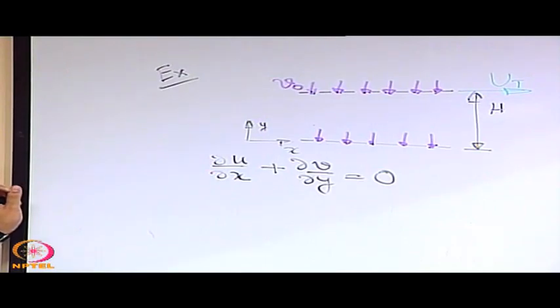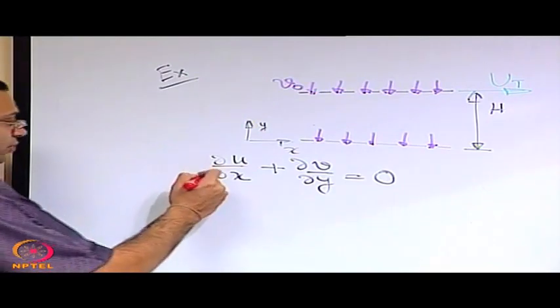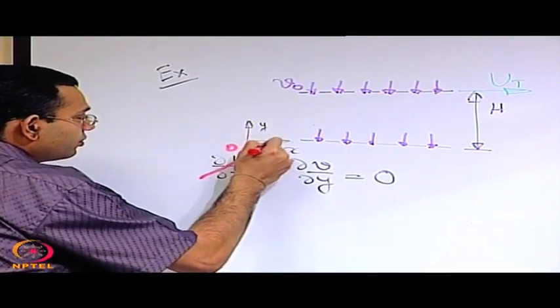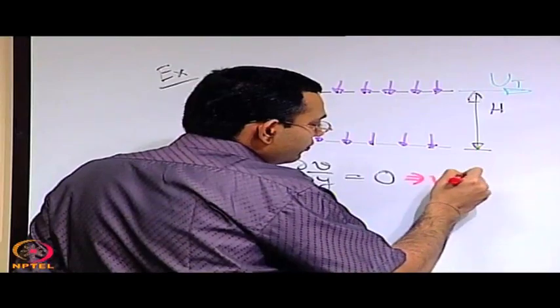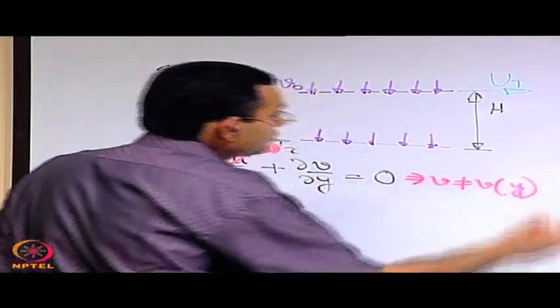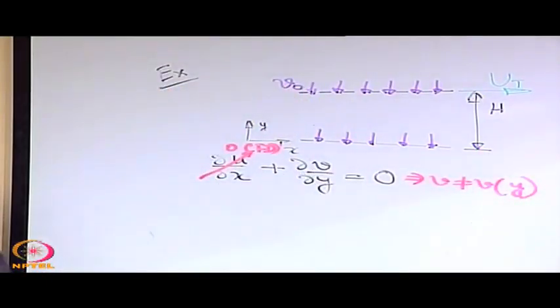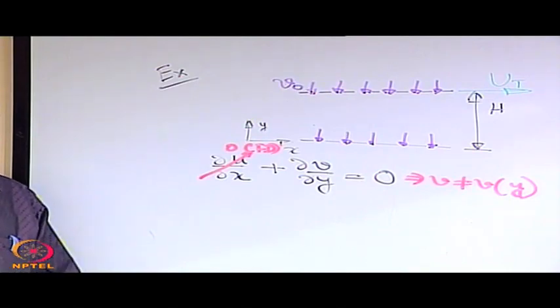Also the flow is fully developed. What is the outcome of the fully developed flow? So this will be 0 for fully developed flow. So from here we conclude that V is not a function of y. So from this, can we predict what should be V for this problem?